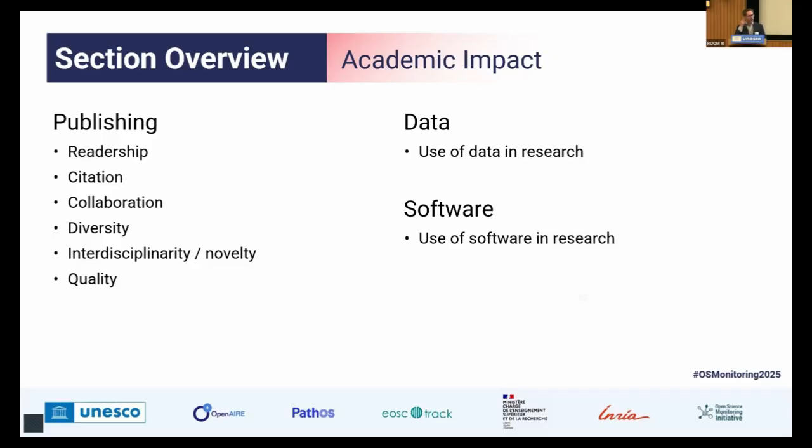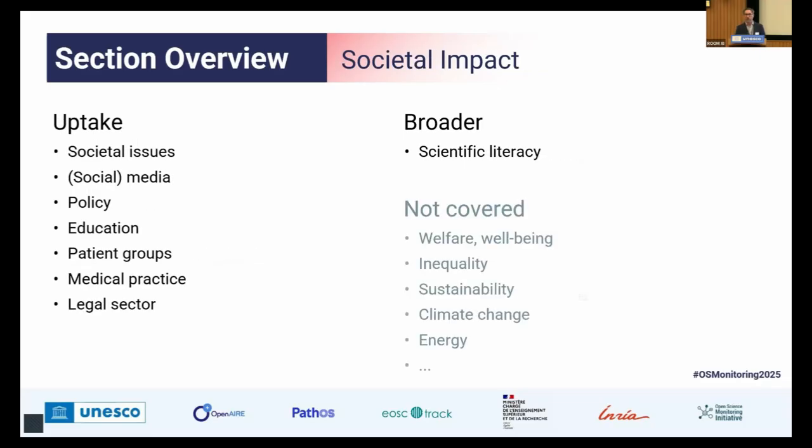Use of data and use of software in research is still actively being developed. And so this is one of those areas where presumably the handbook would need to be updated in, well, maybe a couple of months' time, maybe a year's time, but it should be kept up to date for that purpose.